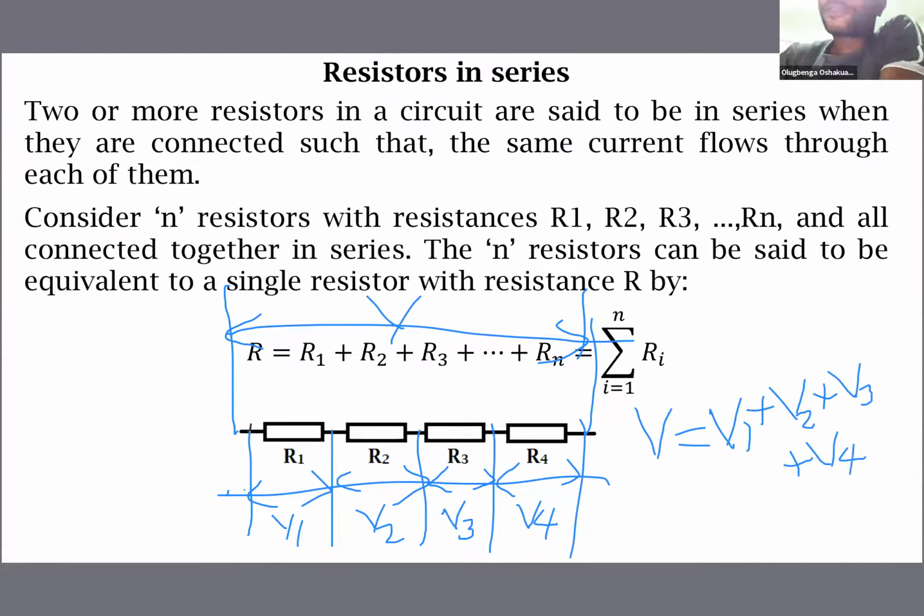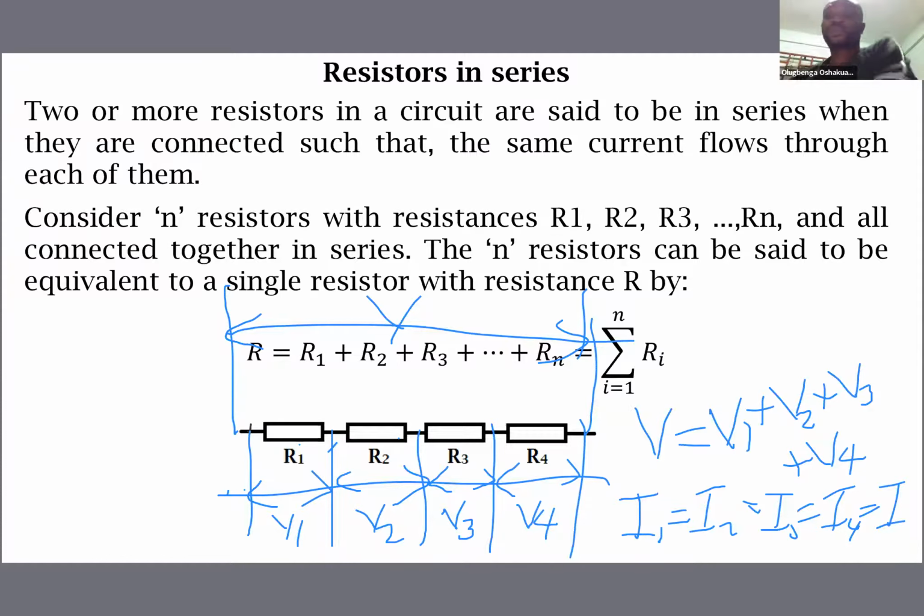But the current that flows through R1 is equal to the current that flows through R2. So I here is the same: I1 equals I2 equals I3 equals I4 equals I. That is what is obtainable when we have resistors in series.